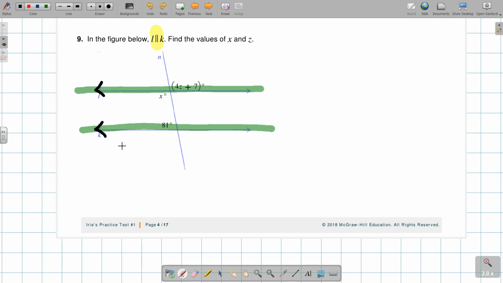Step 1. I'd like you to sweep this problem. That angle and this angle are congruent. They're corresponding. They're also going to be equal to this angle. That's corresponding.